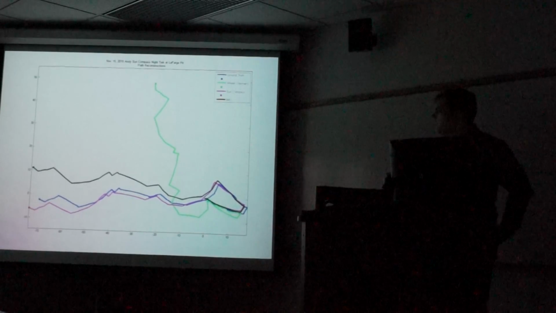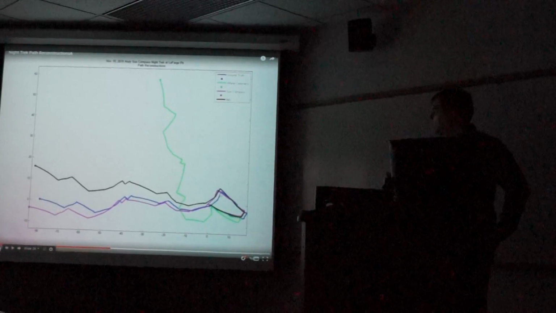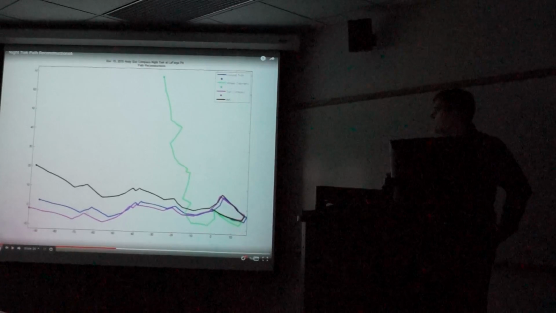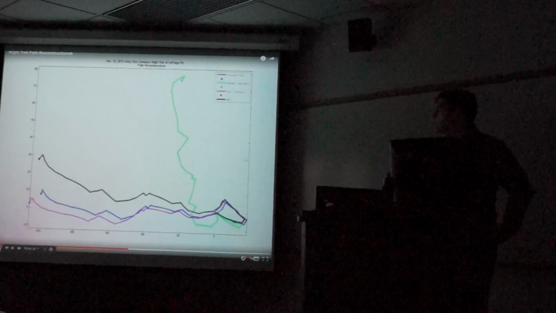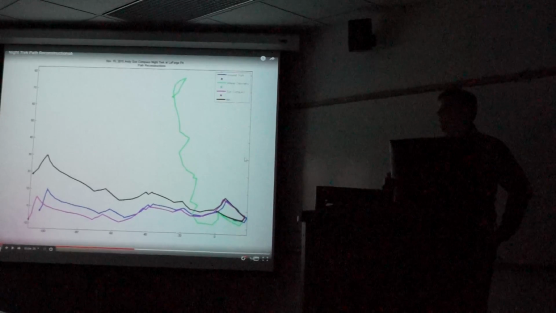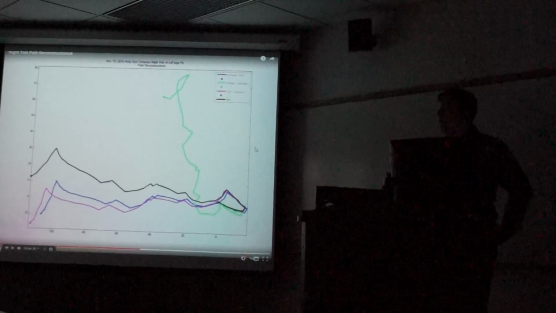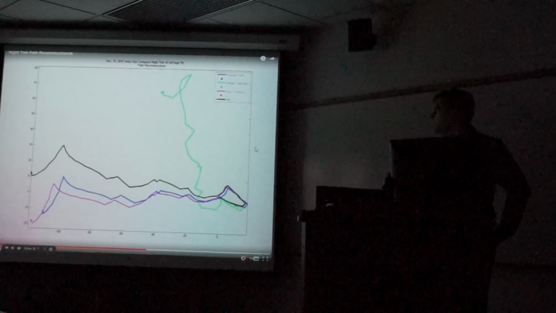You can see that the black line, the IMU, its shape is very close to the ground truth shape, but it slowly drifts away because of the relative nature of the heading gyro, and there's no absolute references for heading.